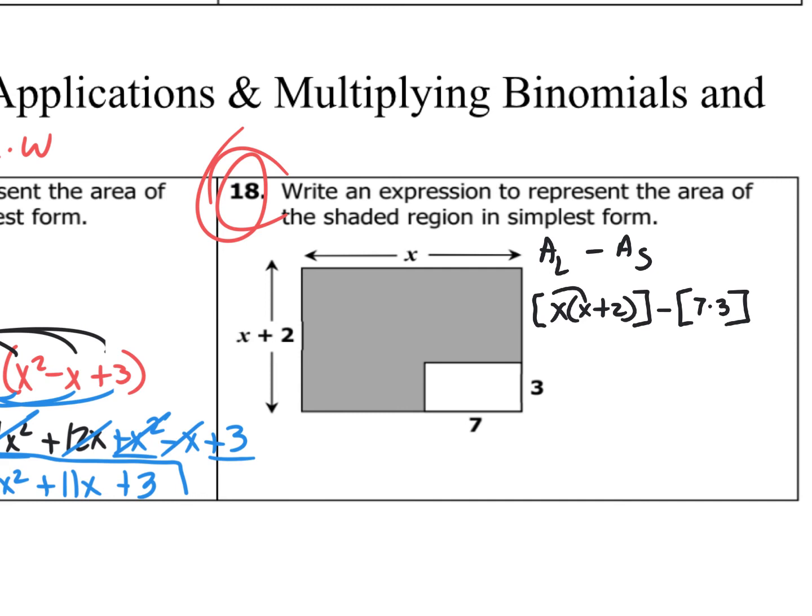All right, so let's distribute first. Simplify for the larger. We get x squared plus 2x minus 21. So that's it. I don't have to distribute this negative, even though normally in the examples we did in the notes we had to. This is just x squared plus 2x minus 21.